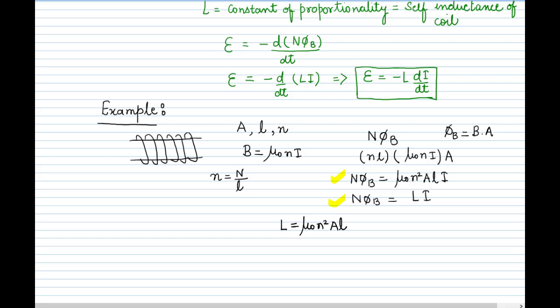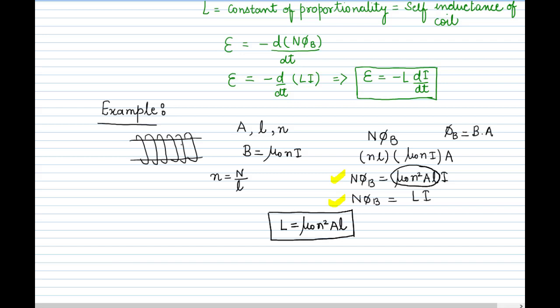And whatever remains here becomes the self-inductance. So if you are having a solenoid, you can use the formula for self-inductance as mu naught N square A L.